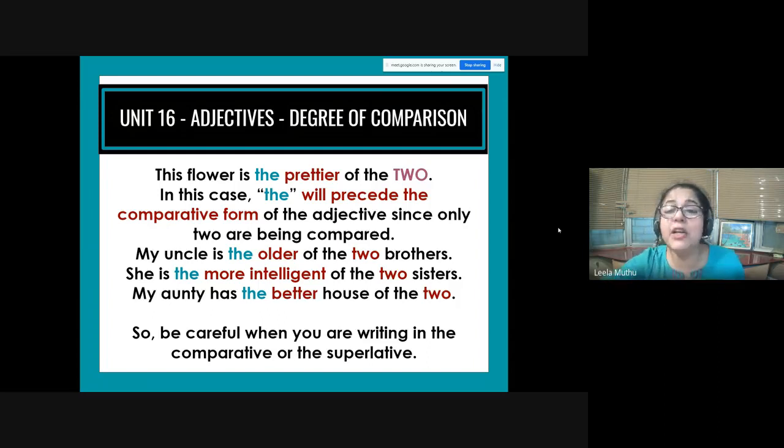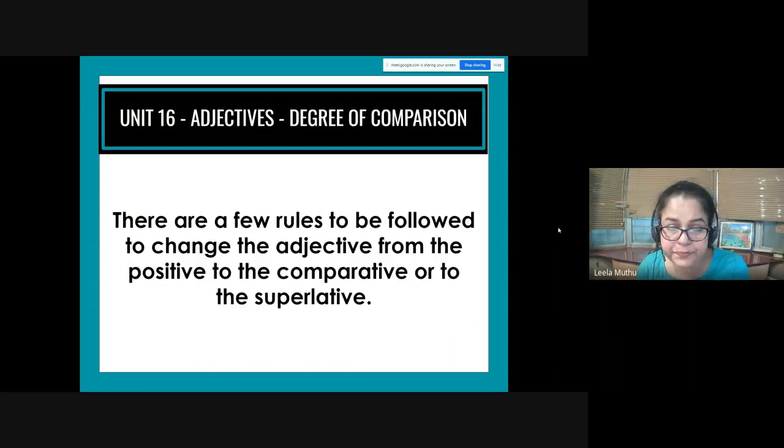Because we're not comparing lots of sisters, we're comparing only two. My auntie has the better house of the two. The better house of the two, but that means I have two aunties, and this auntie has a better house of the two. So be careful when you're writing in the comparative or the superlative.